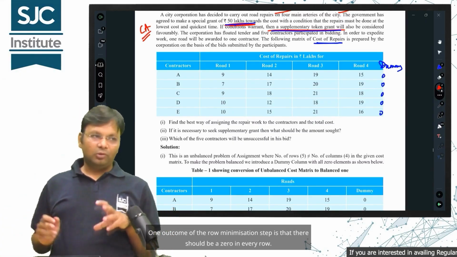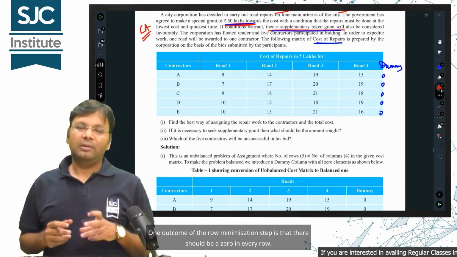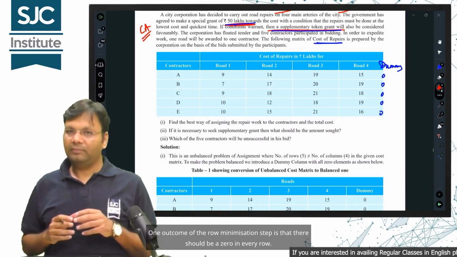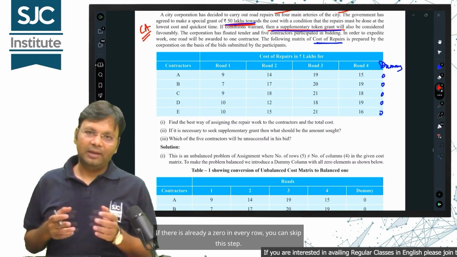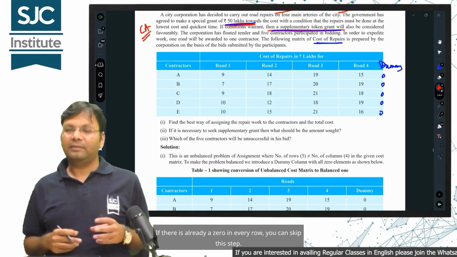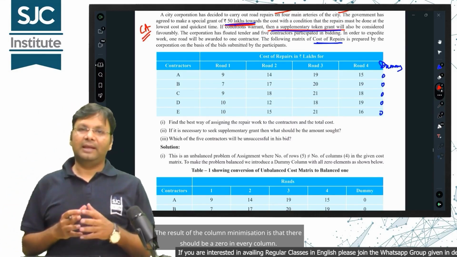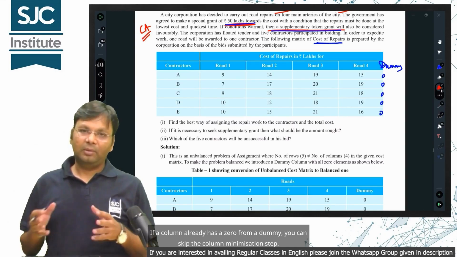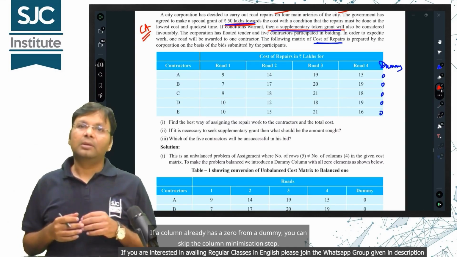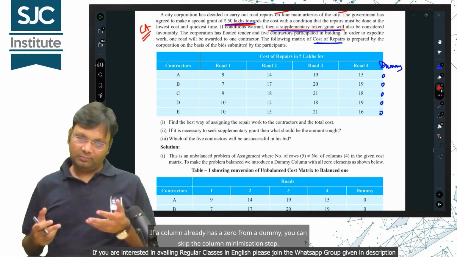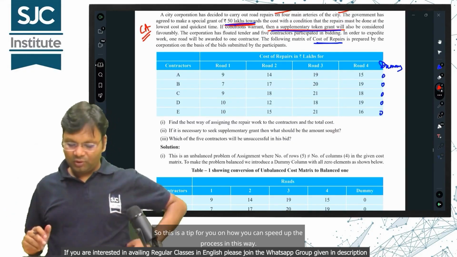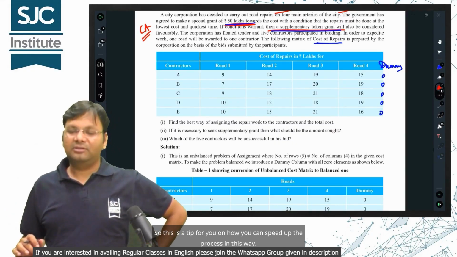One outcome of the row minimization step is that there should be a 0 in every row. If there is already a 0 in every row, you can skip this step. The result of the column minimization is that there should be a 0 in every column. If a column already has a 0 from a dummy, you can skip the column minimization step. So this is a tip for you on how you can speed up the process.